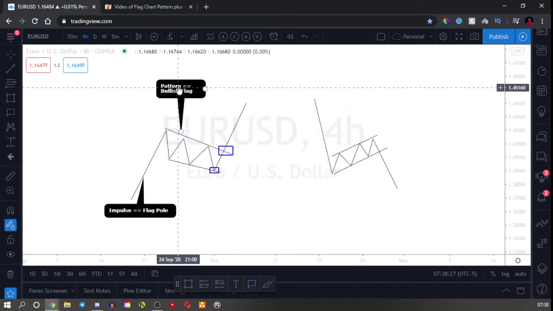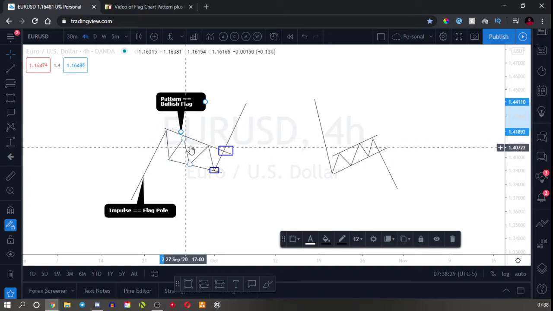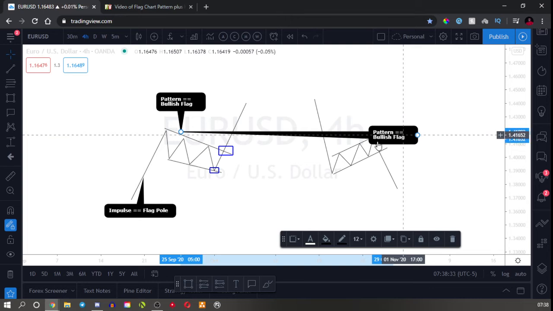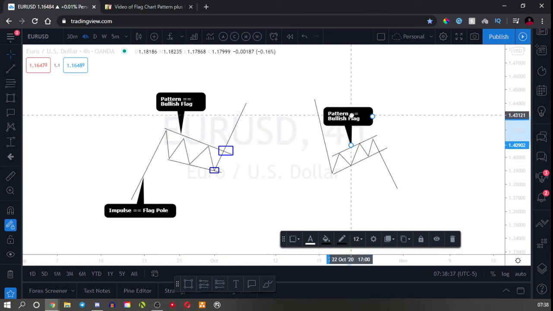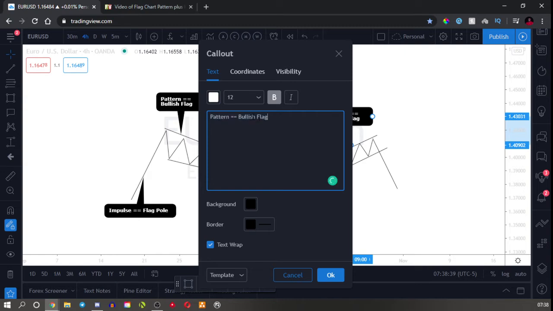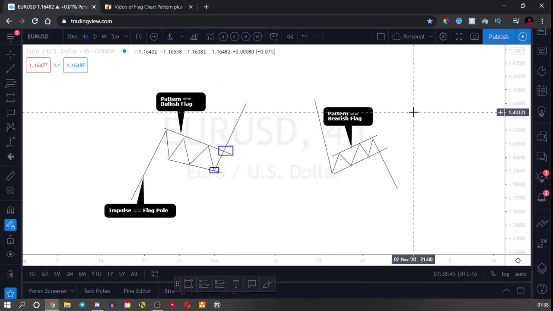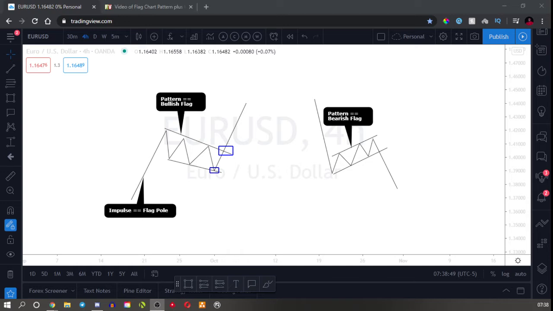Now, in this case, it's a bullish flag. It's a bullish flag because we're looking for bulls to control the market. Over here, in this case, it's a bearish flag, because we're looking for the bears to control the market. All right, pretty simple.